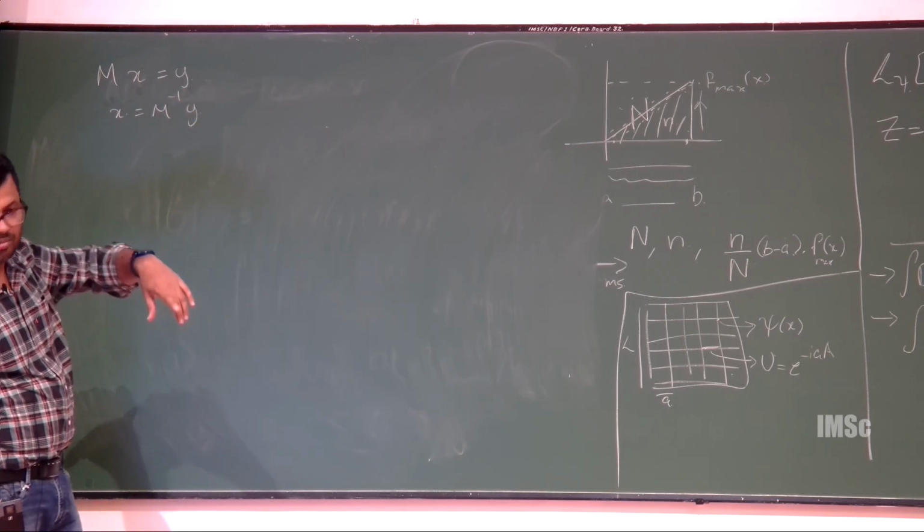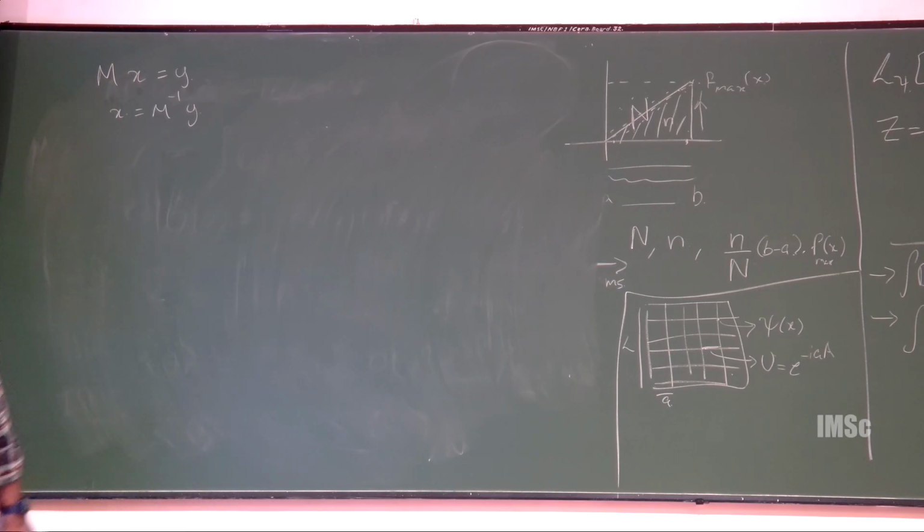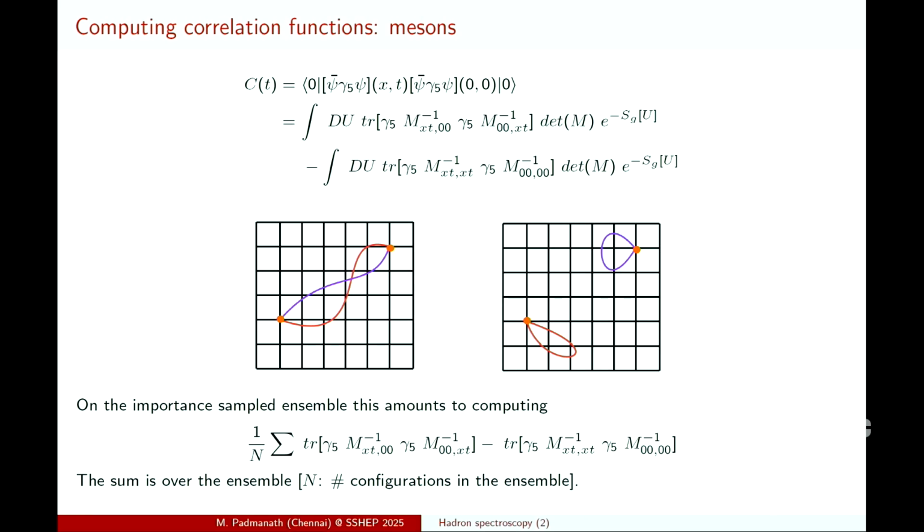And typically that is all you want. Can I have the slides back? So y is basically a source vector that you put in at one point, and whatever you get is at a free point. You can see here that there is a set of space-time indices coming here, and another set coming here.